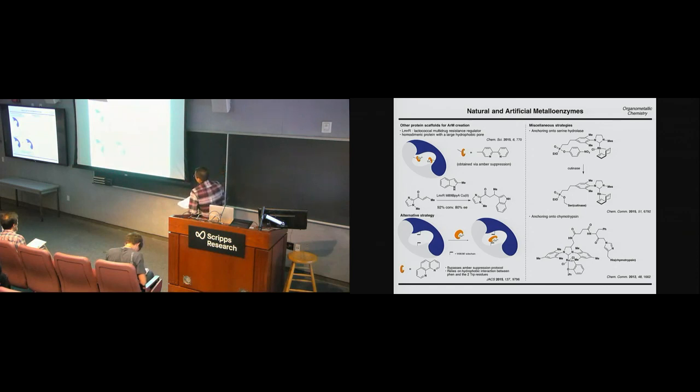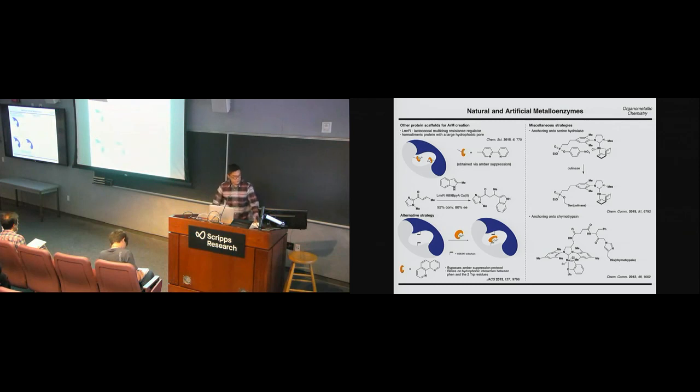And using the system without having to introduce any unnatural amino acids, they can perform similar types of reactions with comparable conversion and EE.